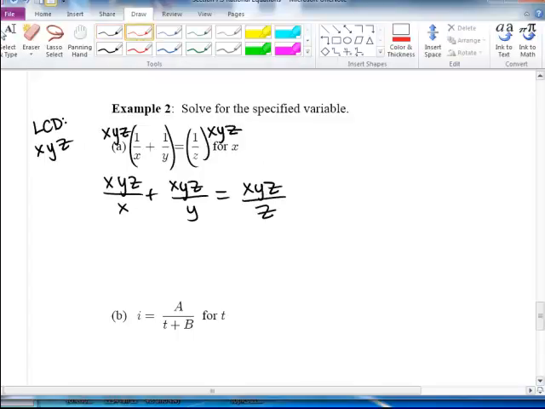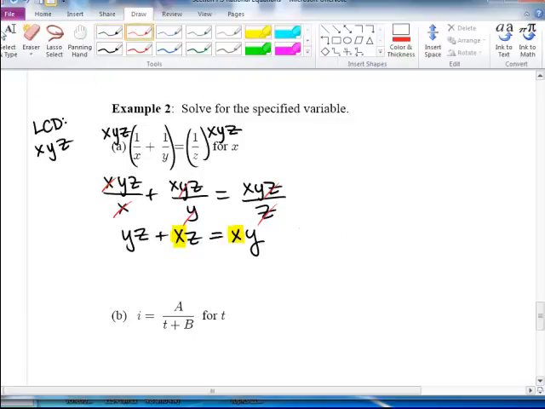Then we'll reduce what we can: the x's in the first expression, the y's in the second, and the z's in the third. So now I'm looking at yz plus xz equals xy. And this is where it can get confusing. We're trying to solve for x, so it helps to make some indication of which variable I care about.